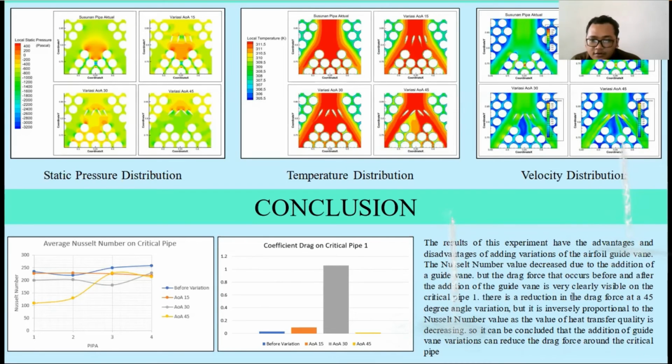There is a reduction of the drag force at the 45-degree angle variation, but it is inversely proportional to the Nusselt number value, as the heat transfer value decreases. So it can be concluded that the addition of the airfoil variation can reduce the drag force around the critical pipe area. And this is my final project.